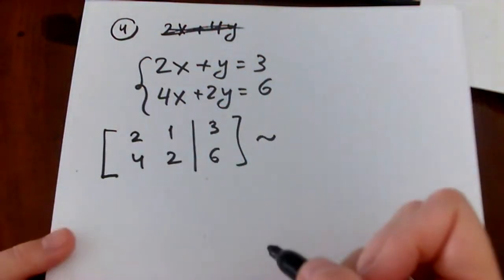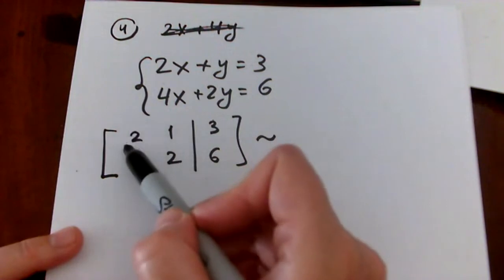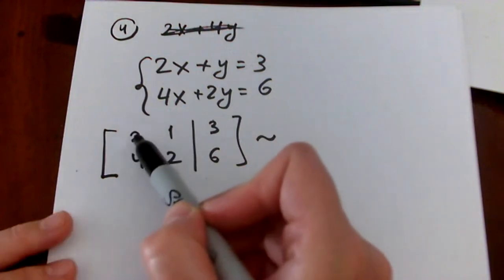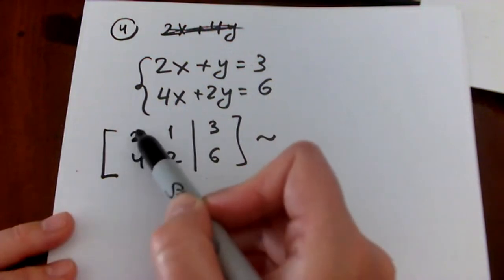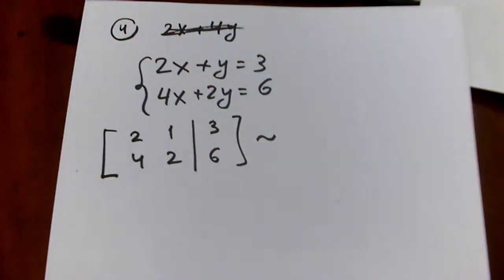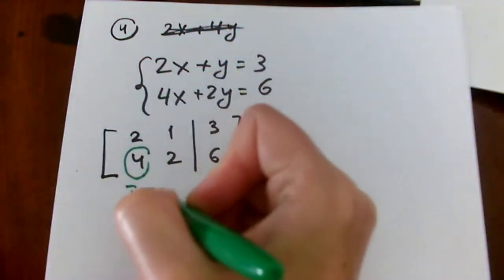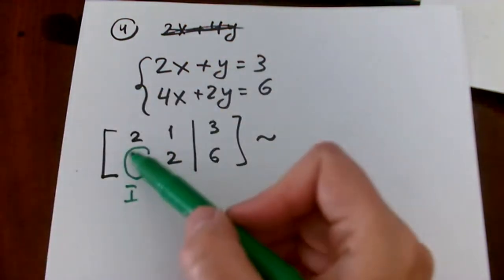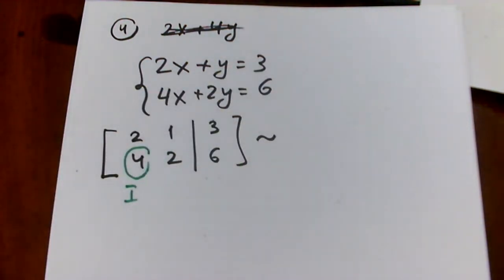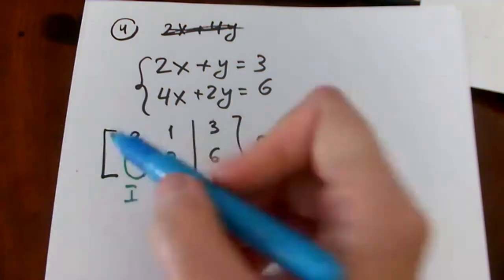Gaussian elimination will look very, very simple in this case. Of course, we don't have 2 here, 1 here, but it doesn't matter because these two numbers, 2 and 4, are very nice. In this case, we have only one step to get row echelon form. Only this element should be turned into 0, which is quite simple.